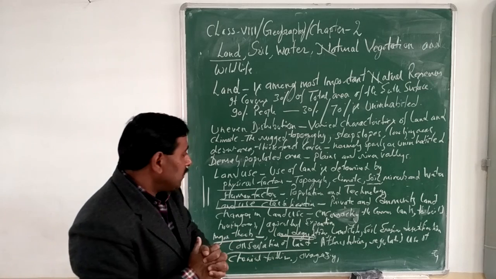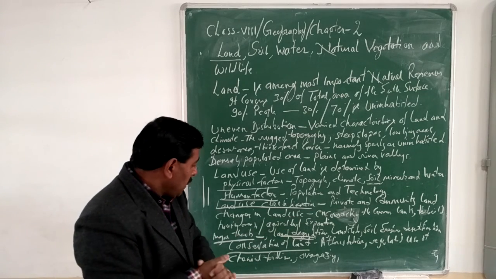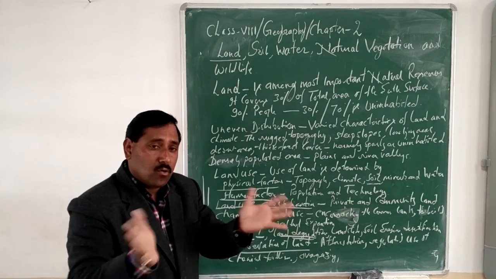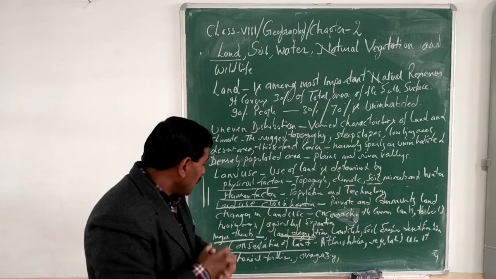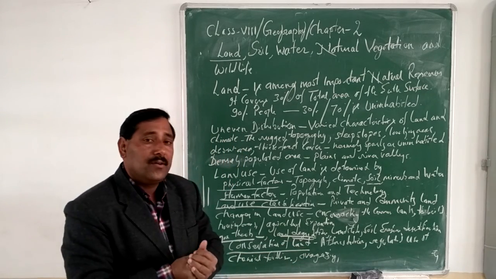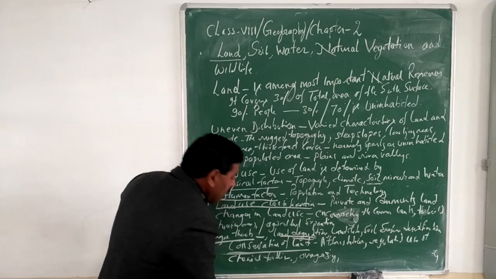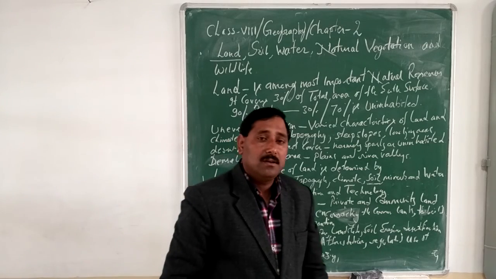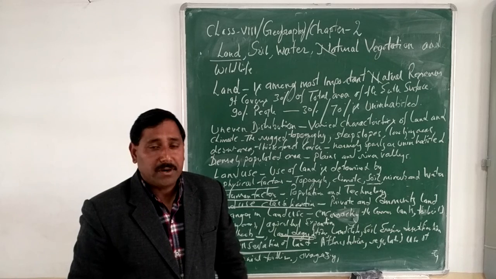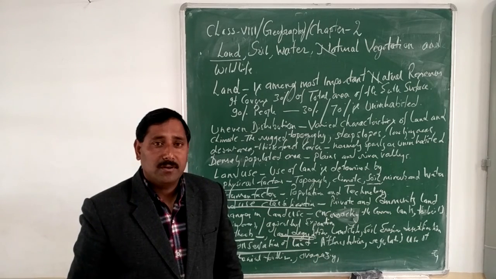So you have now understood desertification, where the important soil is converted into arid soil and nothing grows over it. Next is conservation of land. This is very important. We have been using these natural resources for a long time, but we human beings are selfish by nature.